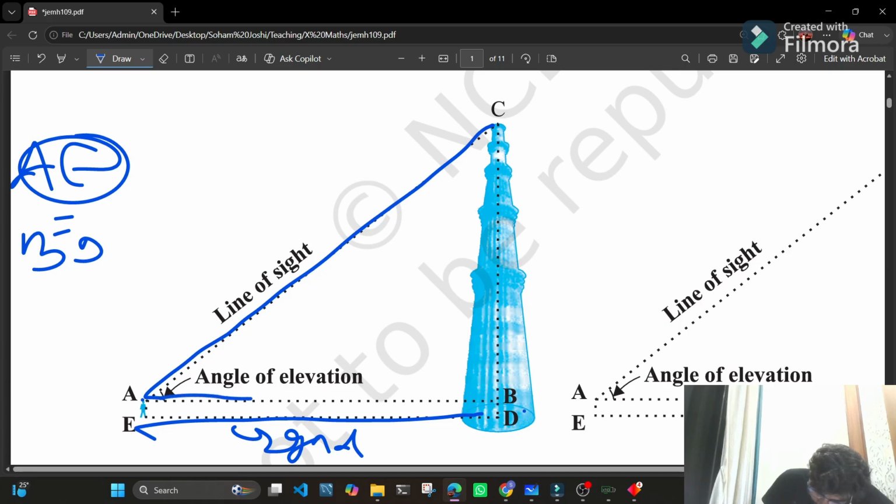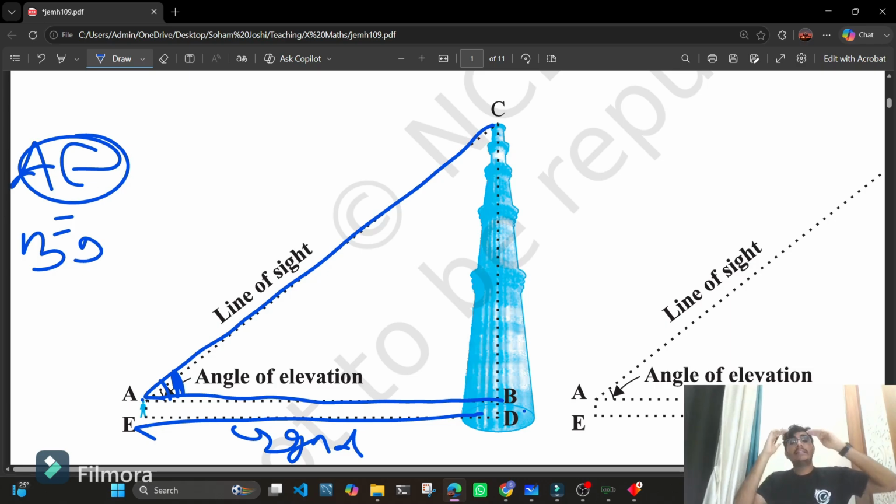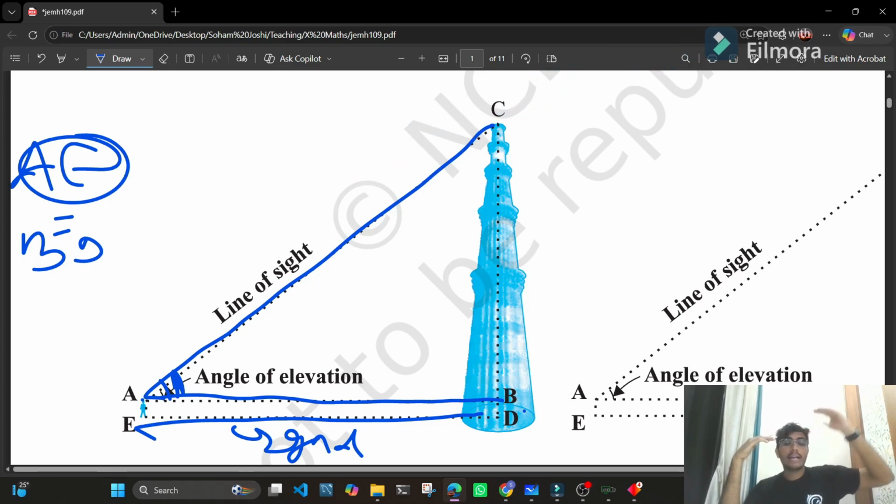Therefore, his eyes make an angle of elevation. So this is the angle of elevation. When I see something in the upward direction in the sky, a certain angle is made between my eyes and the ground level.